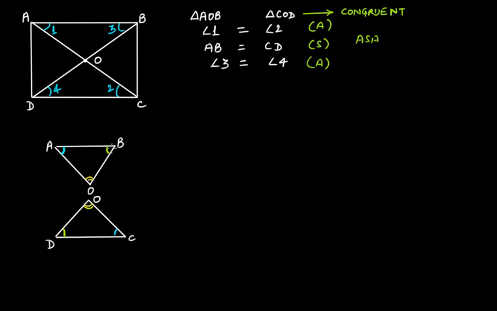Then since this angle B is equal to angle D, this vertex B will fall on this vertex D, or say fit on this vertex D. This vertex A will fall on this vertex C, and the remaining vertex O will fall on this vertex O. The corresponding vertices are B of AOB and D of triangle COD, then A of triangle AOB and C of triangle COD, and then O of triangle AOB and O of triangle COD.